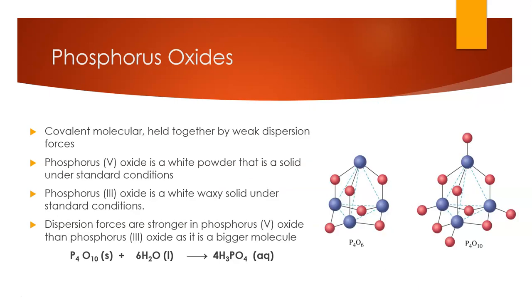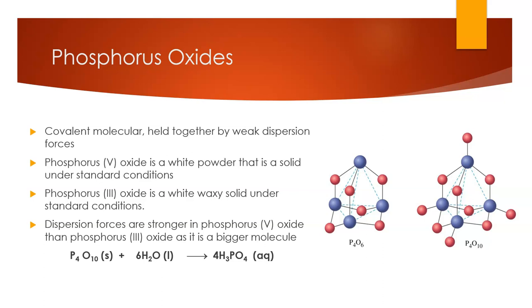For phosphorus, there are a number of different phosphorus oxides that tend to form interesting caged structures. There's P4O6 and P4O10. These are named by their oxidation states, phosphorus 5 oxide and phosphorus 3 oxide. They have different properties because their bonding is different.